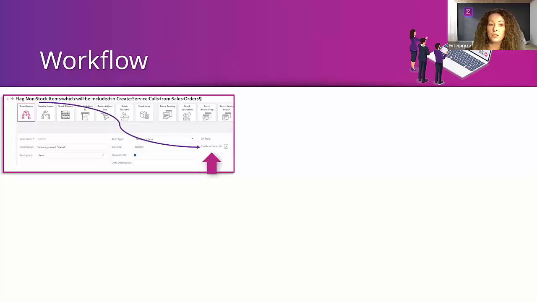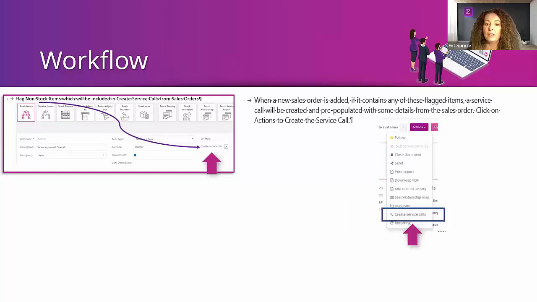So the first thing we have to do is, for the non-stock items that will be included in the service calls created from sales orders for the purpose of project management, ensure that they are ticked as a service call item. So when you are creating or editing a non-stock item, you will see here a box for create service calls. We just have to tick that. And then secondly, we have an actions button.